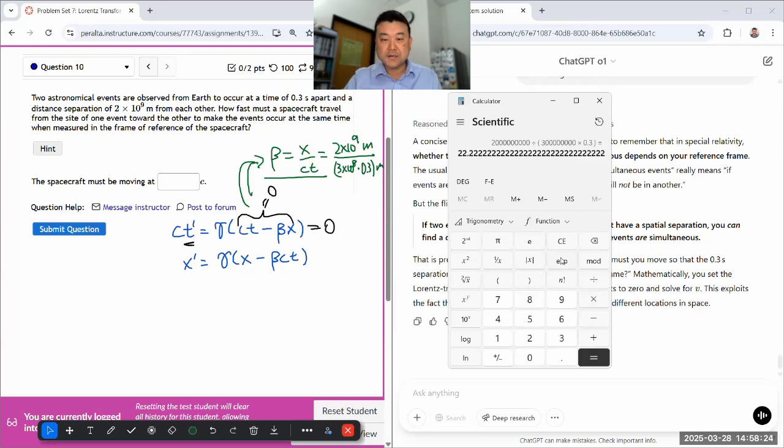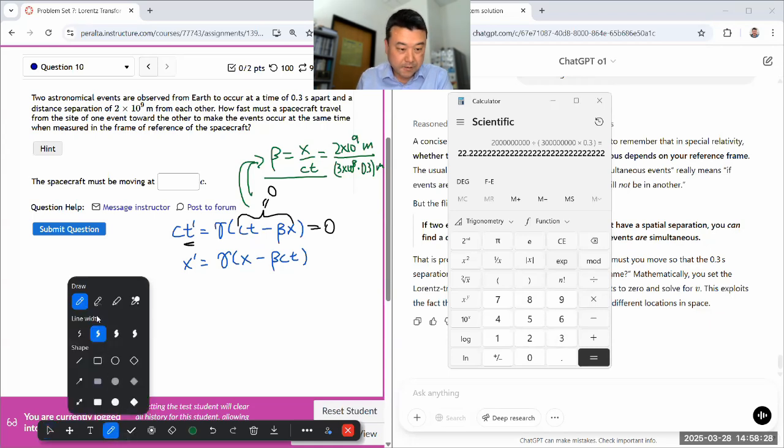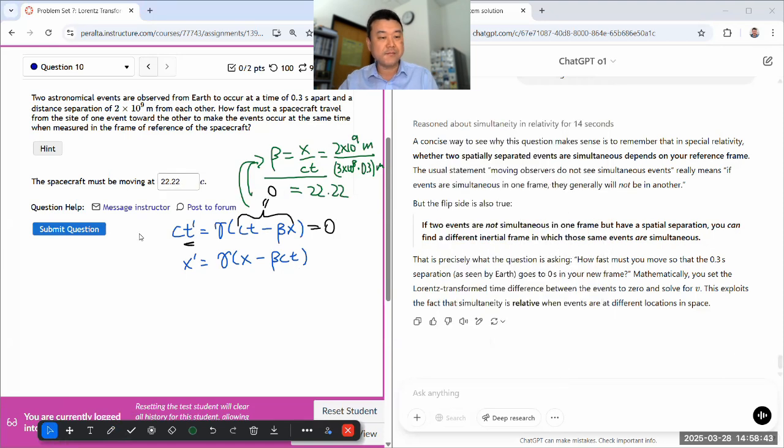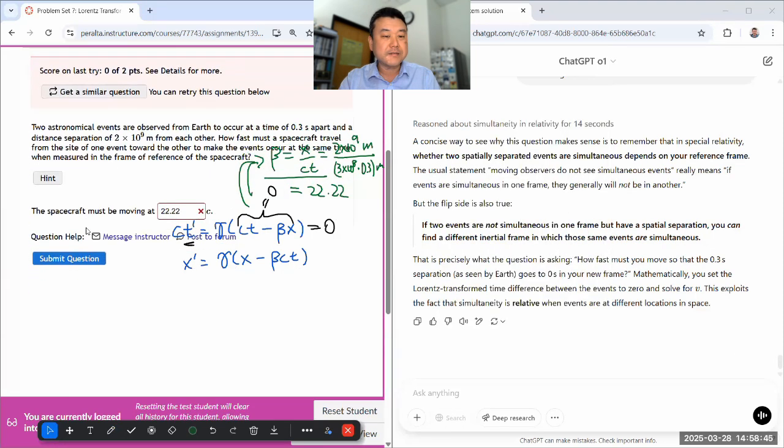So you get beta is equal to 22.22, which again, let's say whoever's doing this didn't have good enough intuition and didn't realize immediately that that's wrong. I'll just plug that in. 22.22. Just not think through, hey, 20 times the speed of light, that makes no sense.